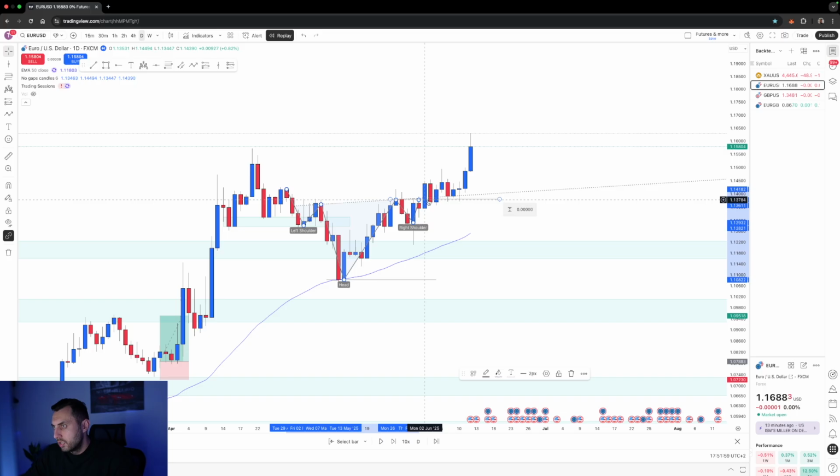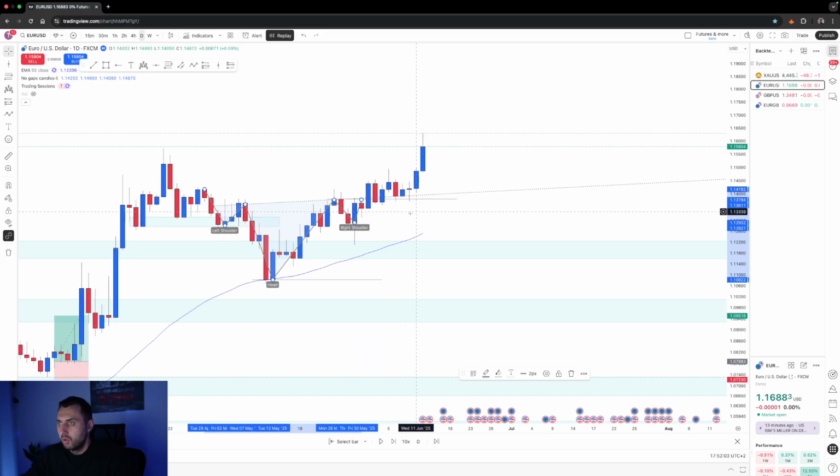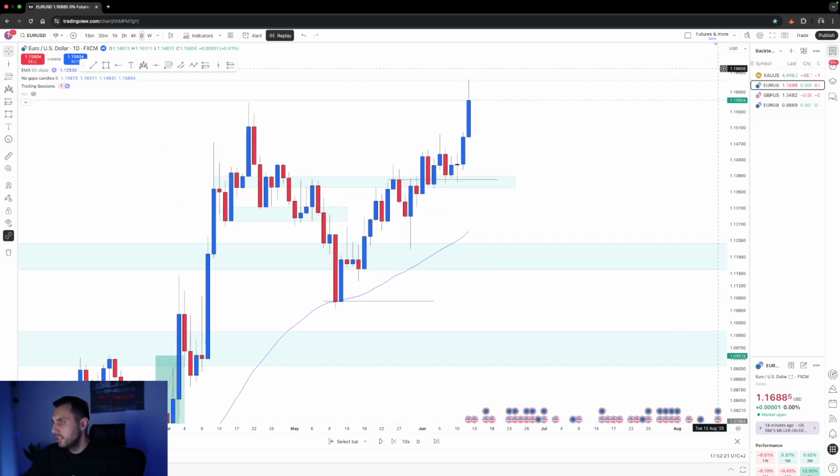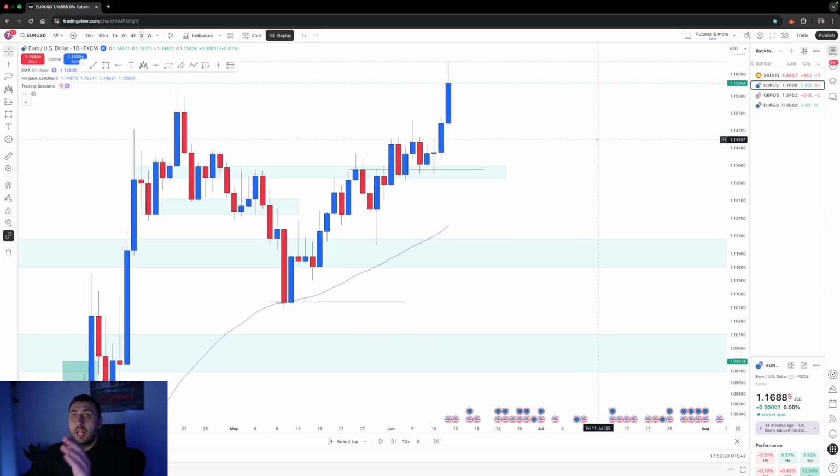Right here in this zone, I could have entered on the daily, because it also created somehow an area of interest. That's something that I didn't see, unfortunately.